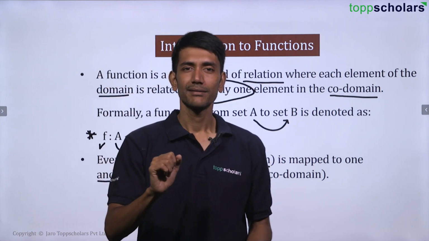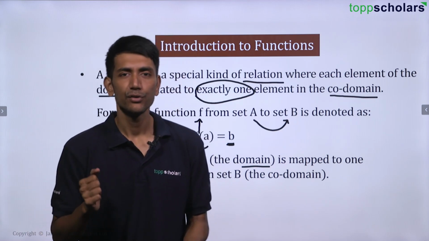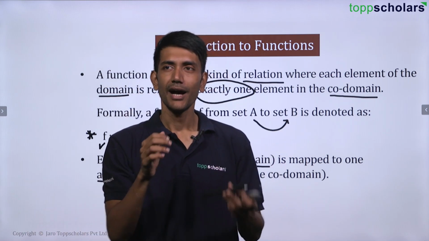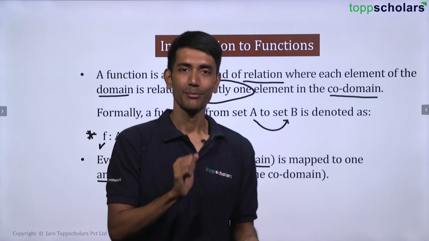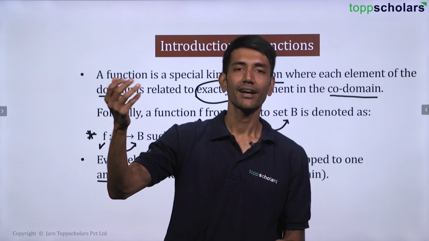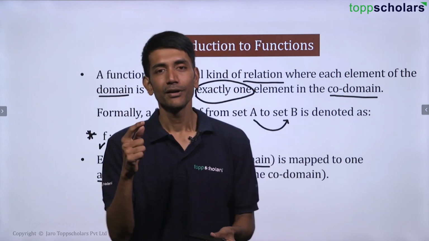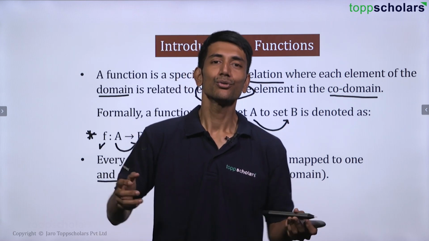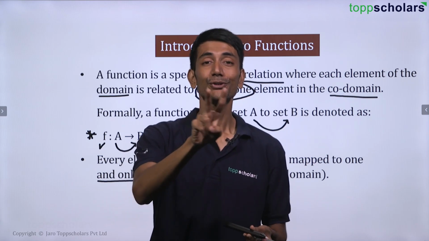I'll give you a simple example. Suppose I am an individual and I come in one set, in one family, alright, I belong to one family and there are two people belonging to some other family, right? So if I have to choose a friend, in this case, I cannot choose two friends.